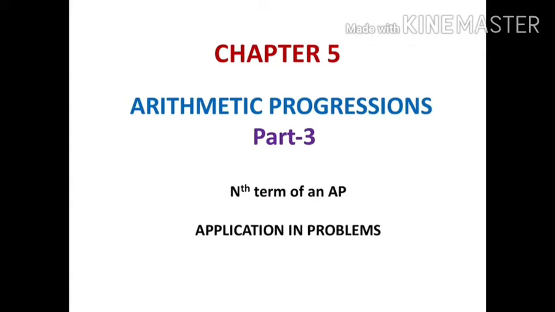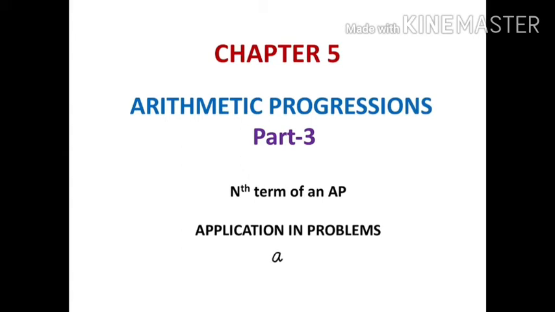Let's quickly recall what we have learned so far in the chapter. An AP is a list of numbers in which the succeeding term is obtained by adding a fixed number to the previous term.